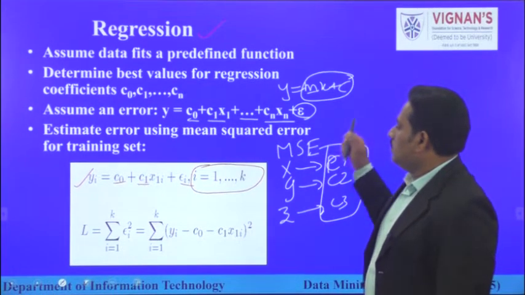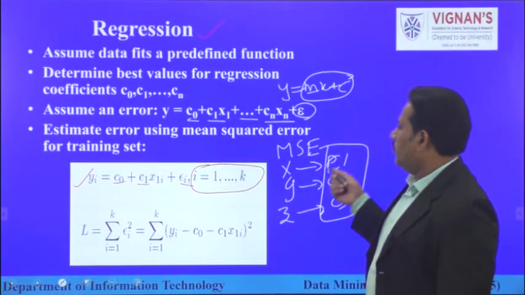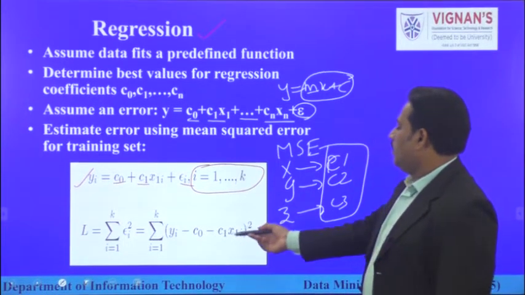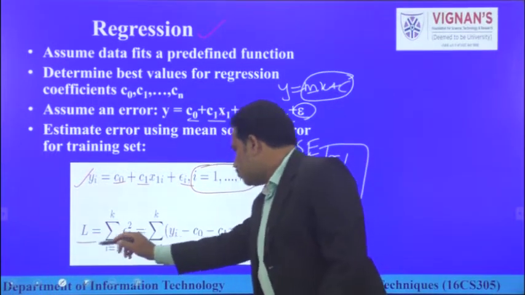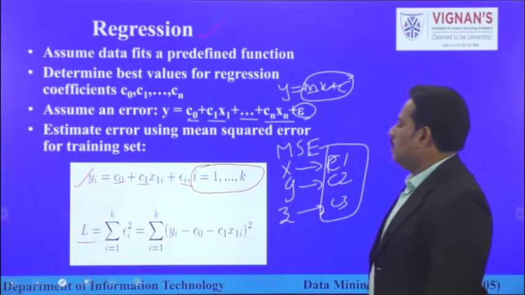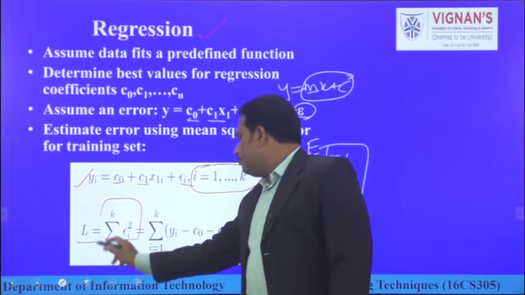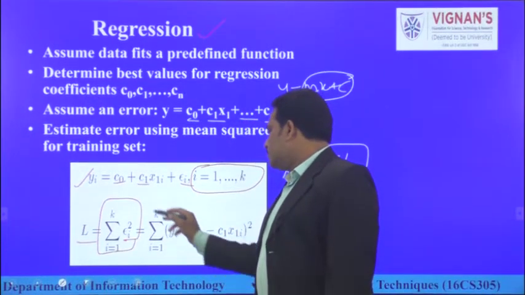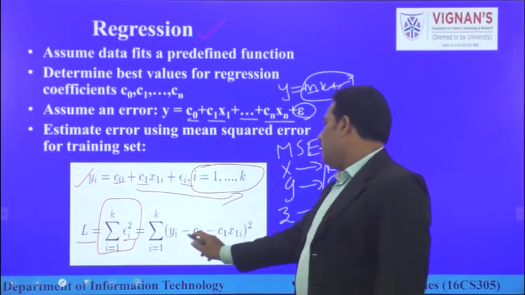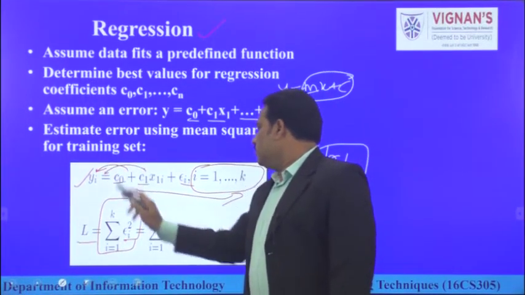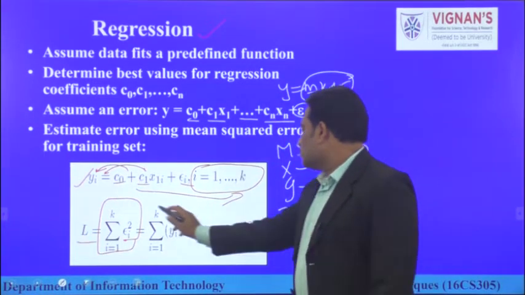The classification error, or regression error, can be calculated using the sum of squared errors, that is, sigma i equal to 1 to k of ei squared, which is expanded like this: yi minus c0 minus c1 x1i, whole squared.